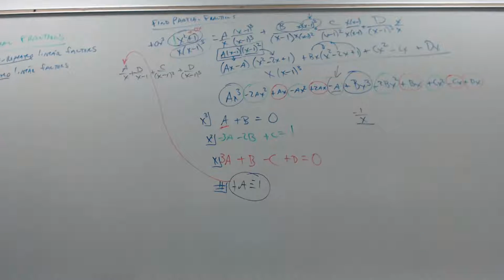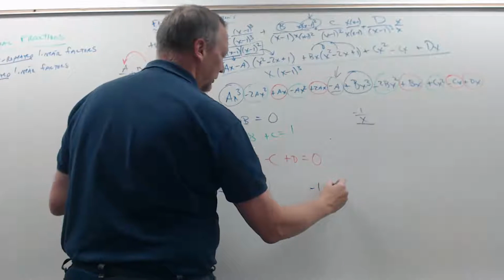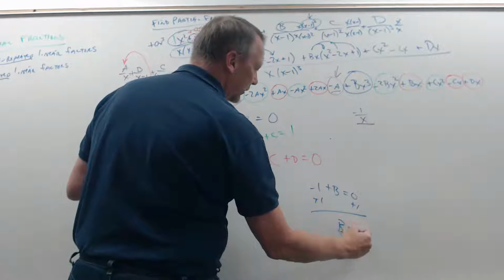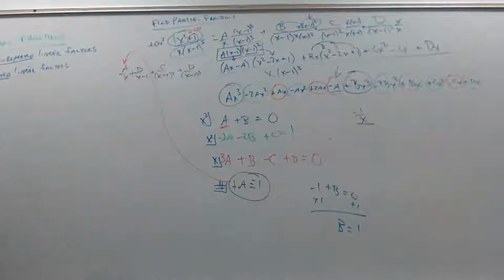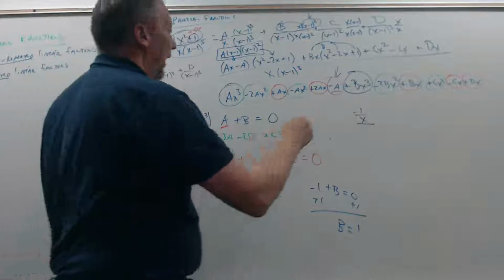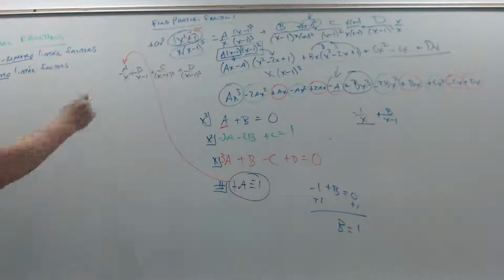So b is negative 1? It's positive 1, sorry. Negative 1 plus b equals 0, so add 1. So b equals 1, correct? Yes. Okay, so now b equals 1, so I'm going to add plus b over x minus 1. Okay, so I've got these first two terms done.